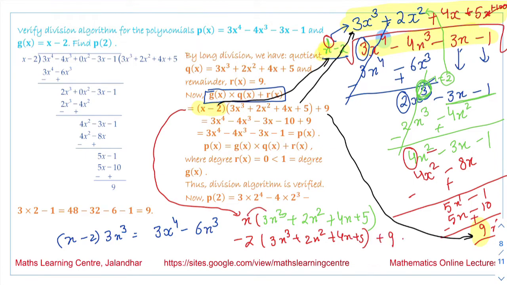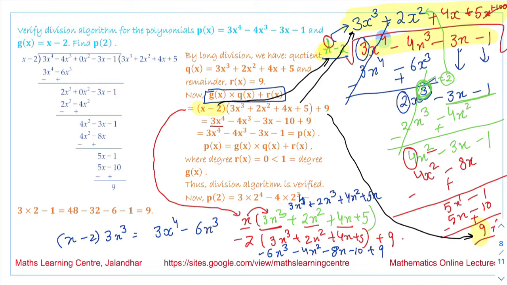So when you multiply this term, it is 3x raised to the power 4. The next term is 2x cube. When you multiply these terms with x, the terms you will get over here are 3x raised to the power 4, then plus 2x cube plus 4x square plus 5x, and from this term you will get minus 6x cube minus 4x square minus 8x minus 10 plus 9.